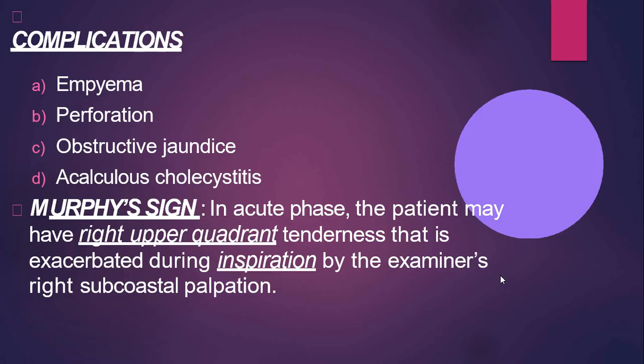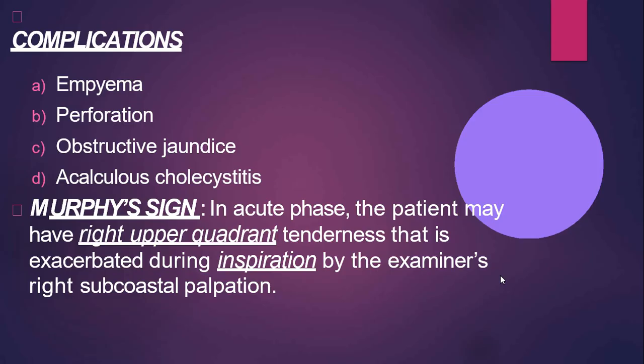There is a blockage by a stone at the neck of the gallbladder, and there is bile in the gallbladder, which is first absorbed, and later on due to stasis of the bile there is a proliferation of bacteria resulting in the pyocele and the empyema.